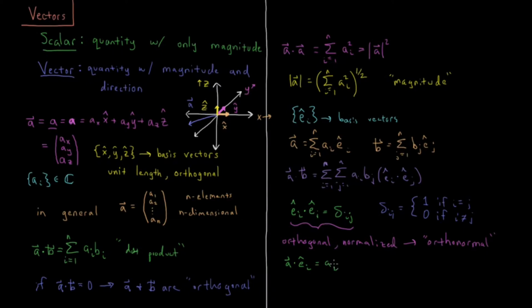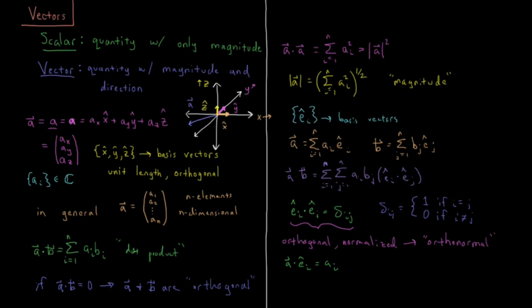So our component of a vector in a given dimension is going to be the dot product of our vector with that particular unit vector which represents that dimension. So we can get those coefficients if we know how to calculate the dot product of our given vector with that given unit vector that represents that dimension.